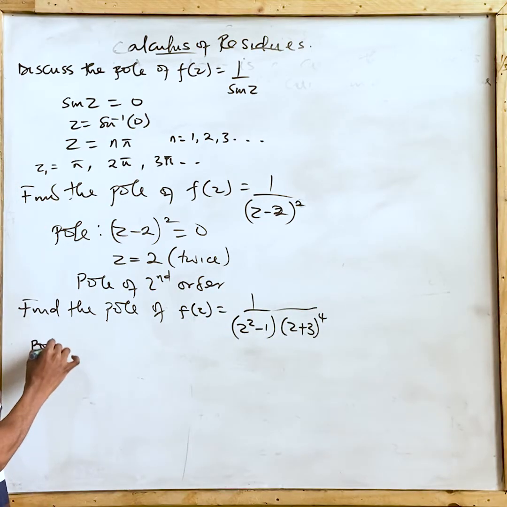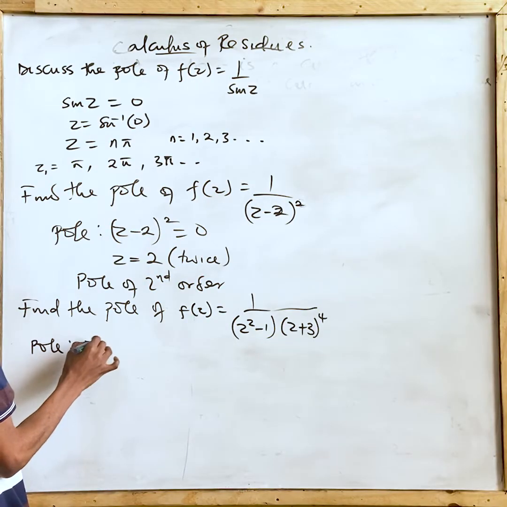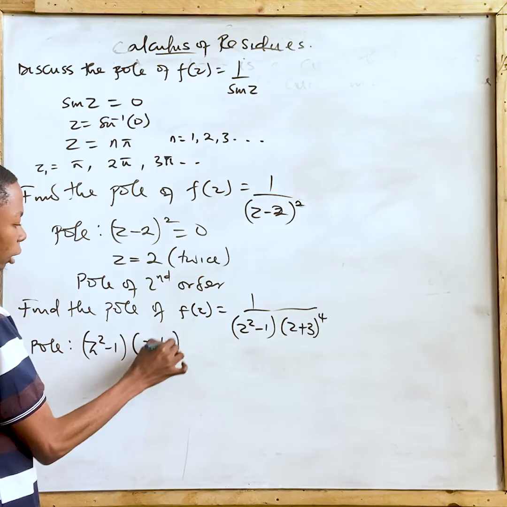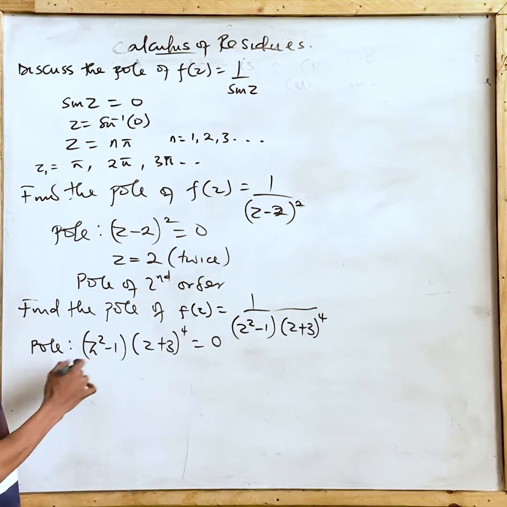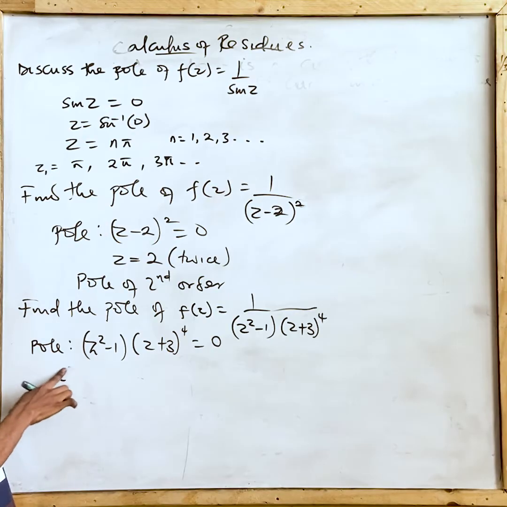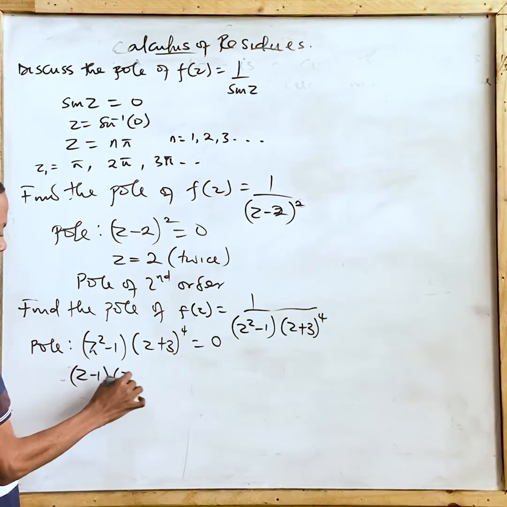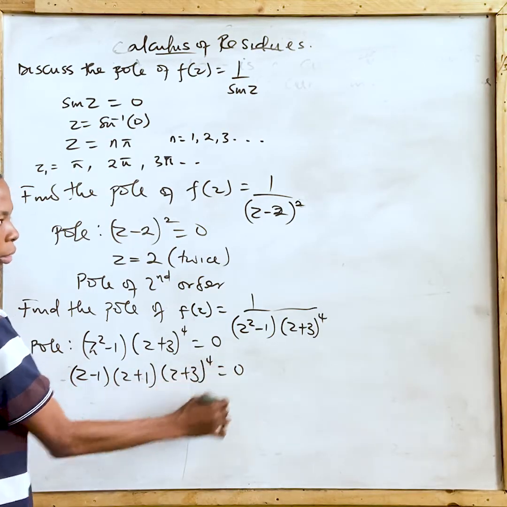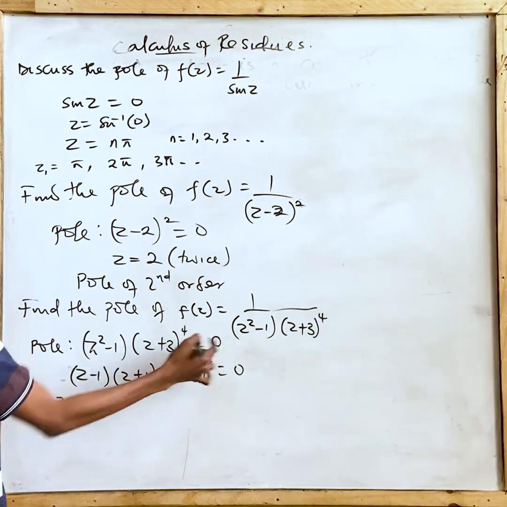The pole will be where the denominator is equal to 0: (z²-1)(z+3)⁴ equals 0. So we can factorize z²-1 into (z-1)(z+1), so (z-1)(z+1)(z+3)⁴ equals 0. The first one will be equal to 0: if z-1 equals 0, z equals 1.